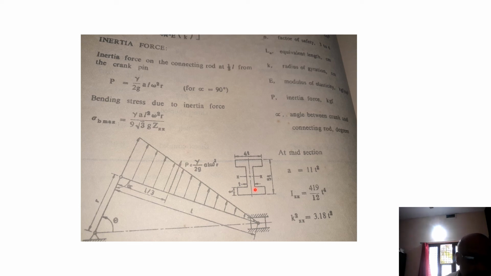You have to find out a proper dimension for length and thickness in each section. Suppose you select a section, normally most of the time this is the cross section of the connecting rod. Here length means this is the length, thickness means this one.